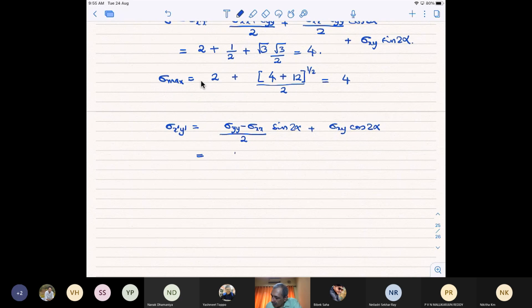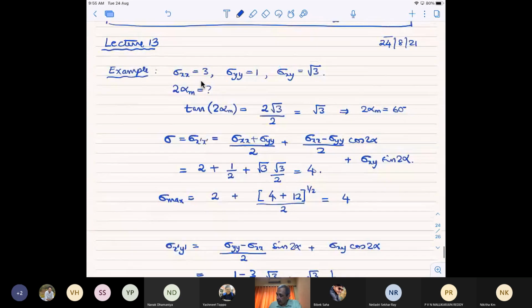So this is root 3 into cos of 60, which is just half. Sine of 60 is root 3 by 2. So now you will get minus root 3 by 2 plus root 3 by 2, which is equal to 0.